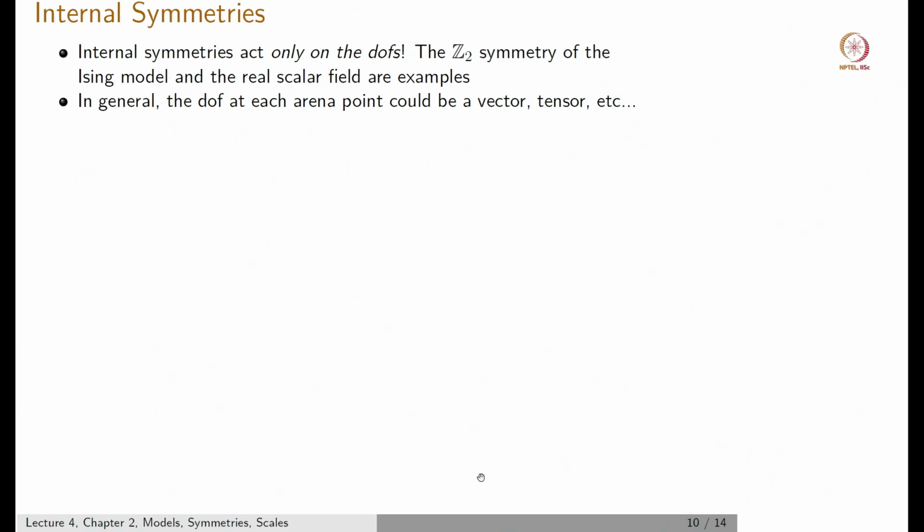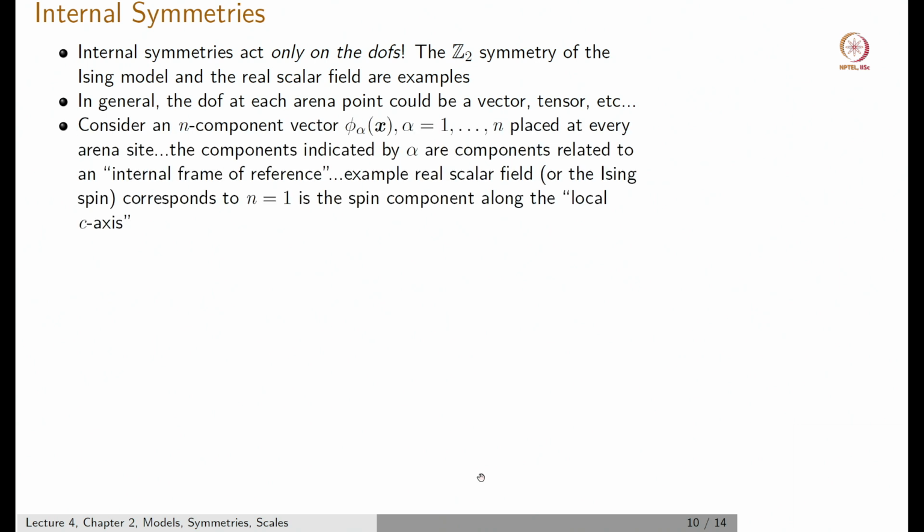Okay. So in general, the degree of freedom at each arena point could be a vector, tensor, etc. It could be any of these things. So let's consider a simple example. In the continuum, my degree of freedom, I say, is an n component vector phi alpha. These components, I want to emphasize, are not components relative to the spatial coordinate axes.